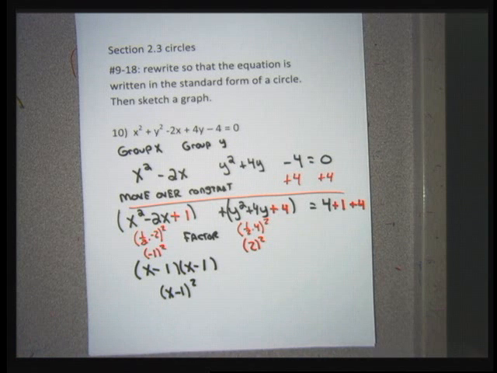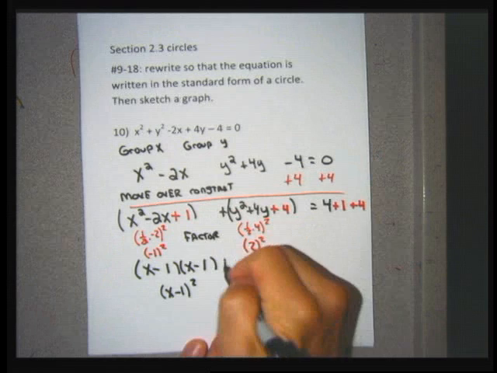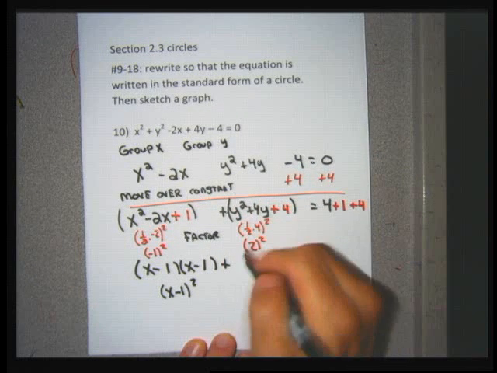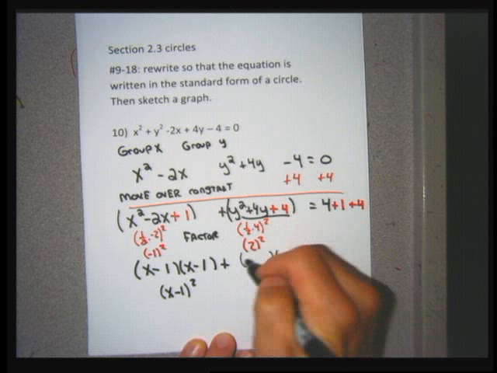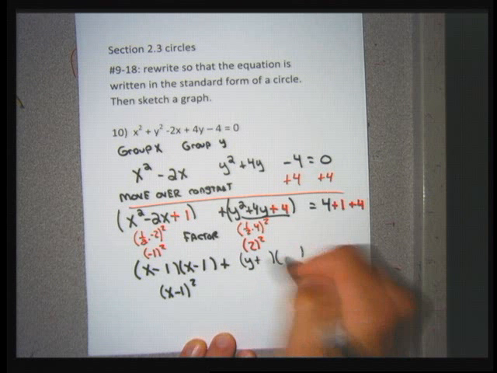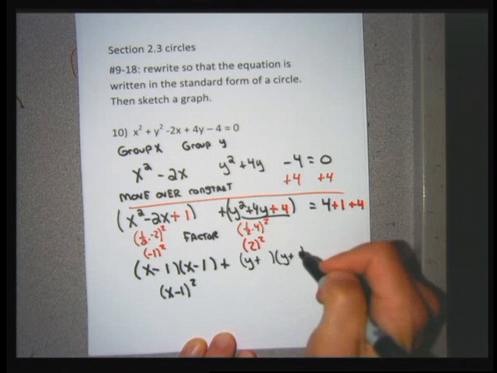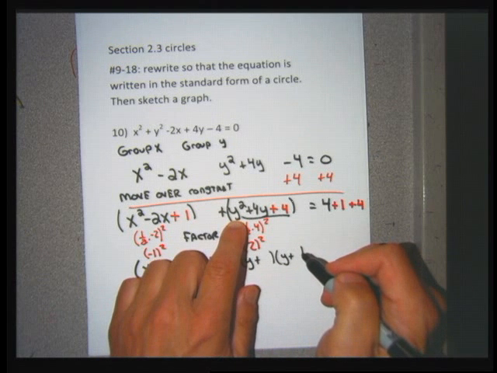That's a good thing because that's the kind of writing I need to have a shot at getting the center of my circle. I'm going to bring down this plus sign, and I'm going to factor this y squared plus 4y plus 4. There's no number in front of the y squared, so my first need to be a couple of y's.